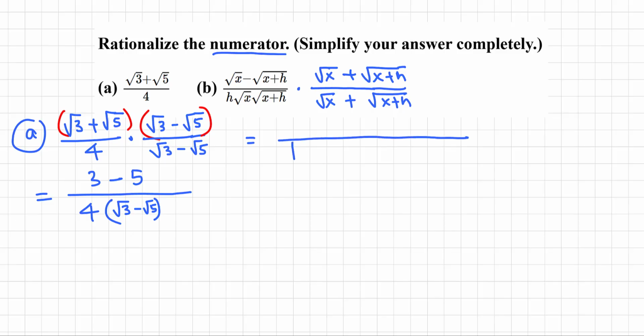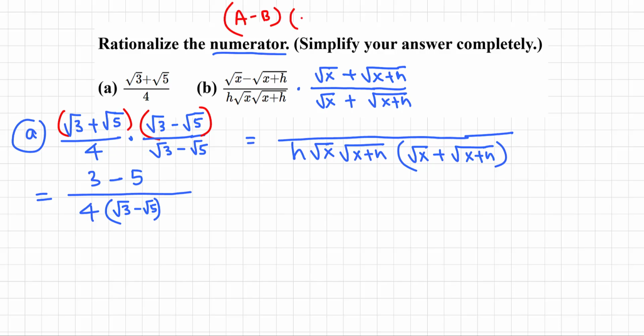We have h times root x plus h, and this plus means we need to put parentheses around root x plus root x plus h. On the top, it's like a minus b, and this one is a plus b.